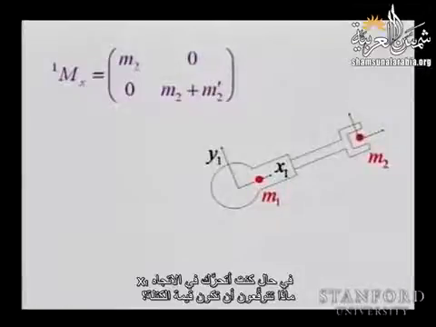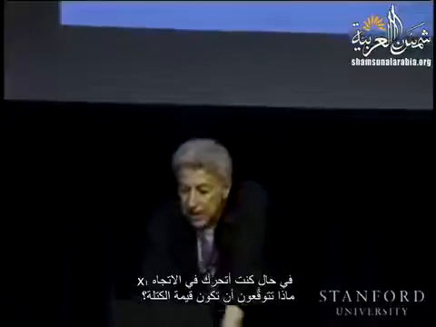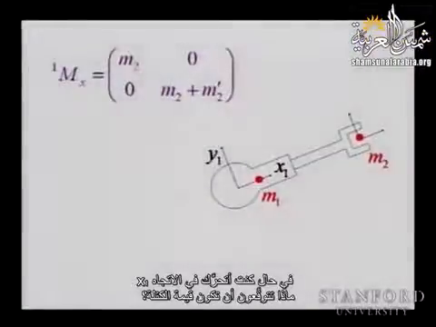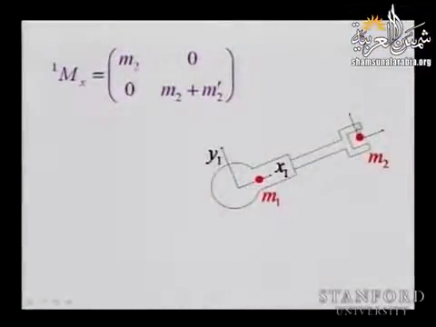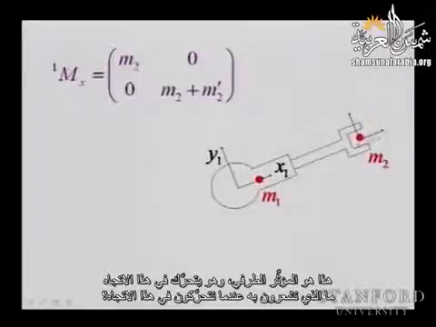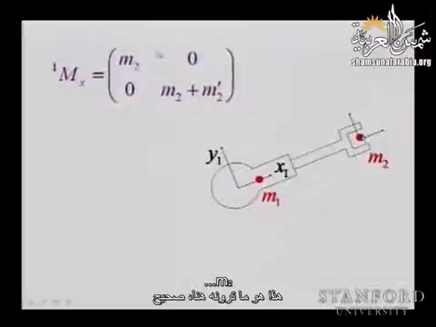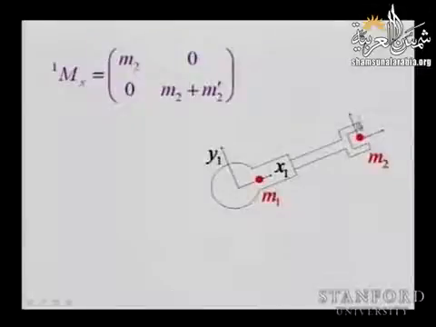So if I'm moving in the x1 direction, this direction, what do you expect the mass to be? This is the end effector. I'm moving in this direction. What do you feel when you move in this direction? M2. Well, this is what you see here. Correct. If you move in this direction, what do you push? What do you carry?